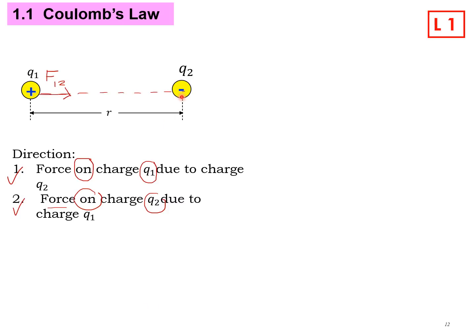Therefore, Q2 will be attracted to Q1 since they are unlike charges. This is F2,1, meaning electrostatic force on Q2 due to Q1.